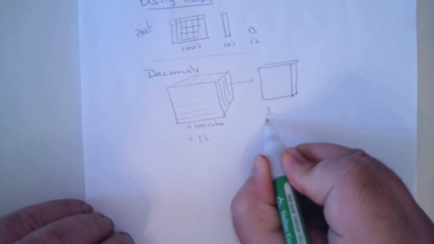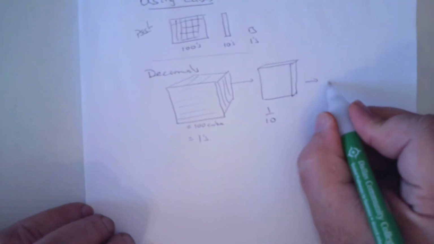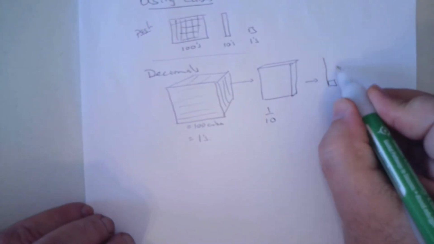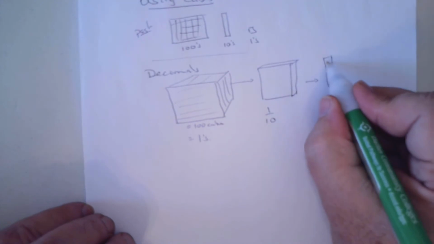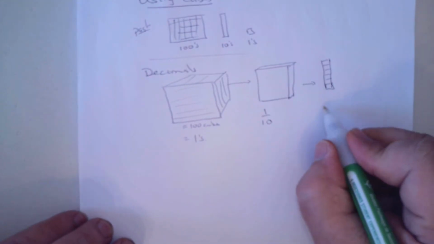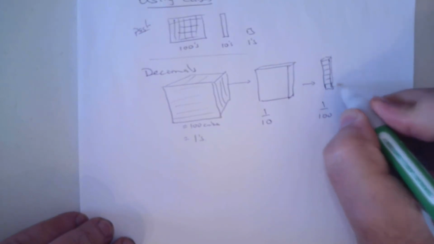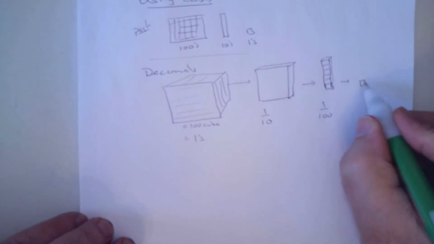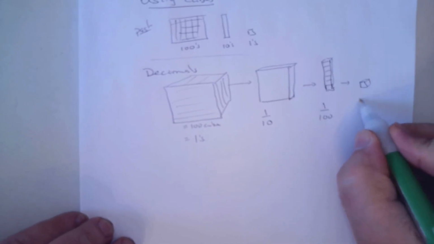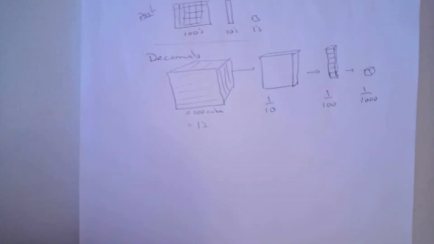One sheet is 1/10 of those, and one strip of those is 1/100th, and then the one small cube is 1/1000th. That's what would represent them.